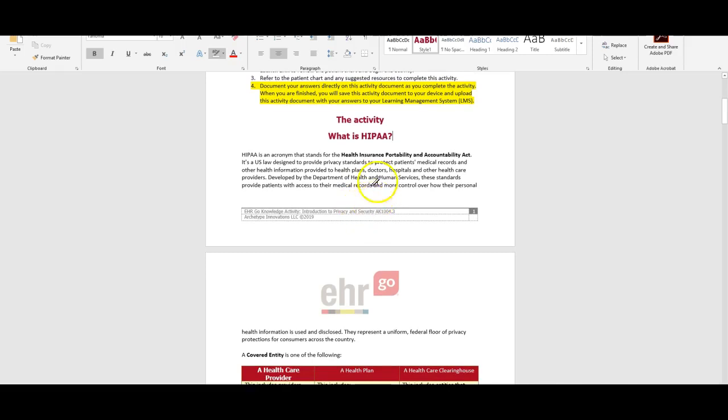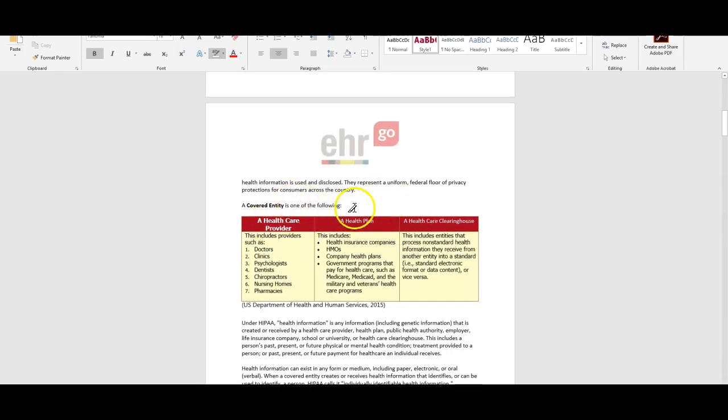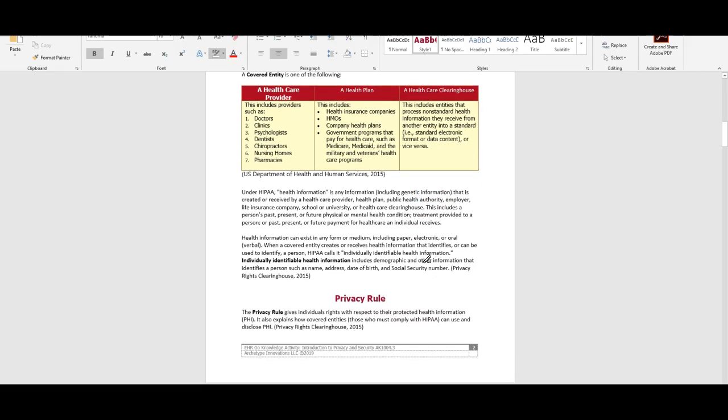And so this section discusses how the HIPAA law protects patient privacy and their medical records, their protected health information, also how we are responsible for protecting that information. You read through that. It tells you what a covered entity is. You would be surprised some of the things that may be covered and how you are responsible for protecting health information.